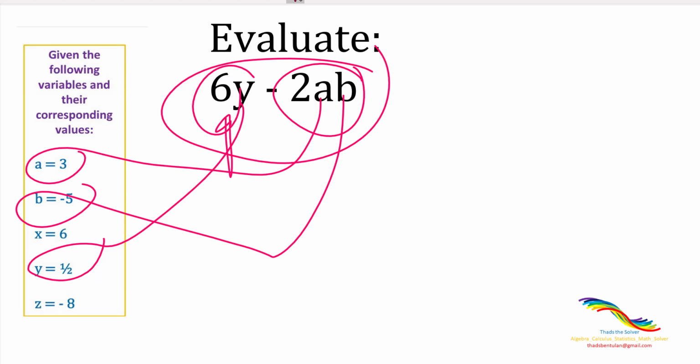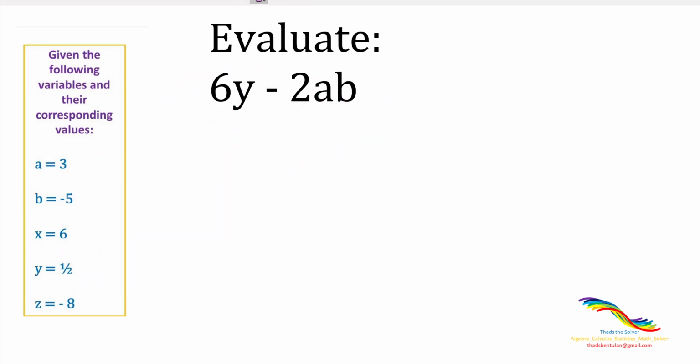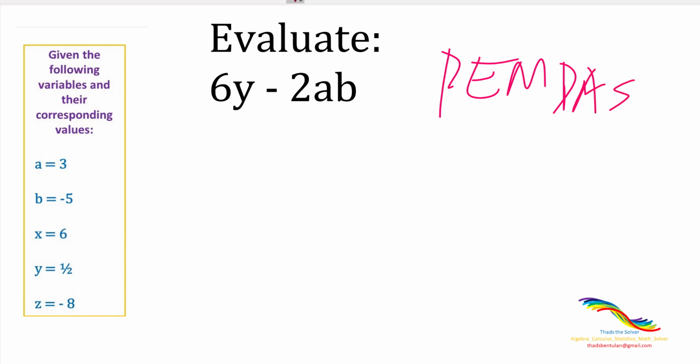And following the rules of PEMDAS, this is the order in which operations are supposed to be executed. Parentheses first, there's no parentheses here. Exponent, there are no exponents here.